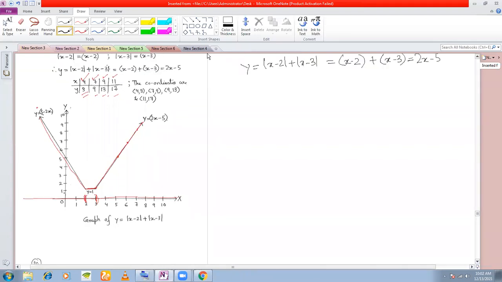Now, suppose this is my question to you. If I want to draw the graph of y is equal to mod x minus 5, how am I going to draw this graph? What are the intervals that I'm going to take? Tell me.